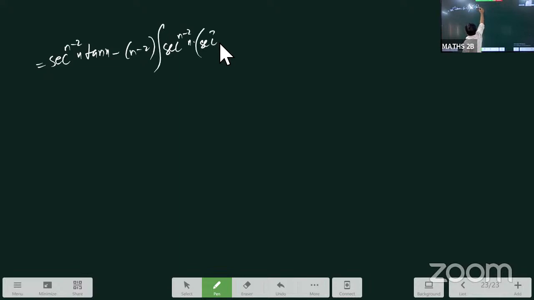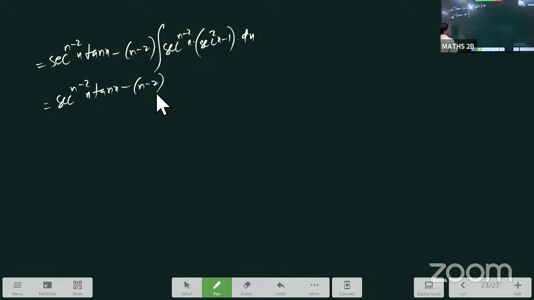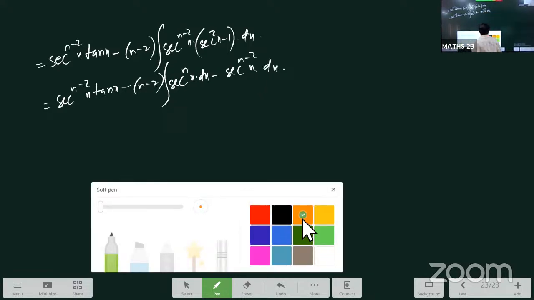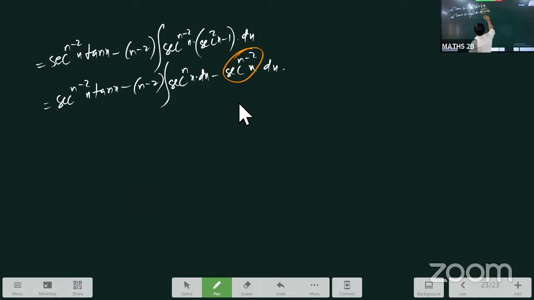I will write it as secant square x minus 1 dx. This is the only important step. Secant to the power n minus 2 x tan x minus n minus 2, open the brackets: secant to the power n x minus secant to the power n minus 2 x dx. So how does it look? This is like I_{n-2} and this is like I_n, correct?